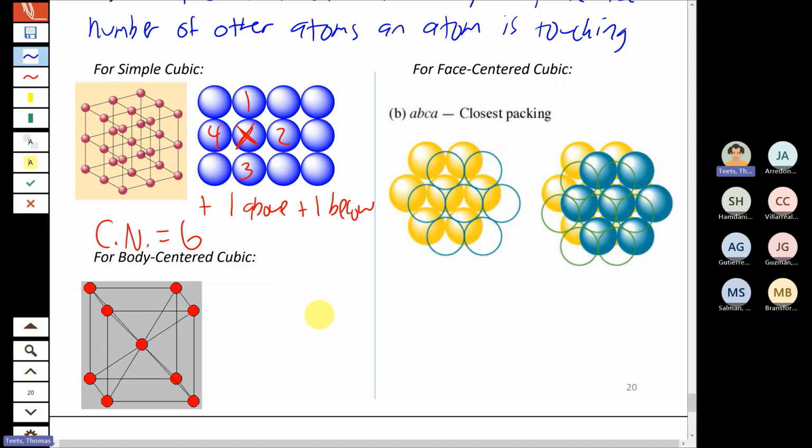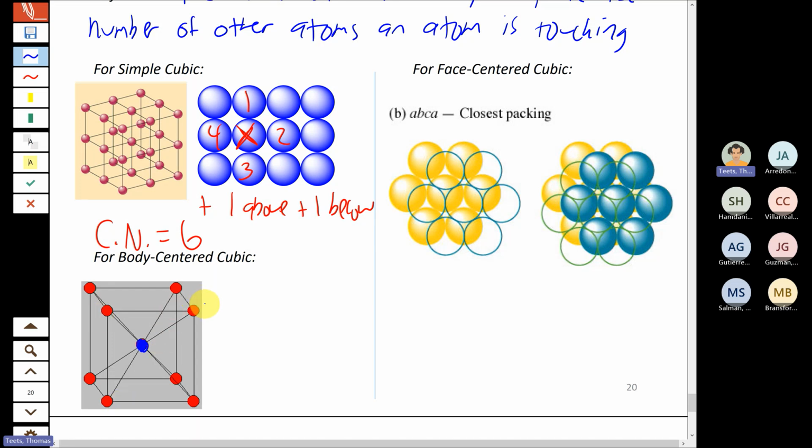If we go to body-centered cubic, in these cubic structures, all of the positions are equivalent. So when we stack them out and make the lattice, every single atom is equivalent to each other. There's only one sort of environment for each of those. So for body-centered cubic, we just focus on the atom that's right here in the center of the cube, the one that we put in the middle. What you can see is that it's going to be touching all of the atoms that are in the corners.